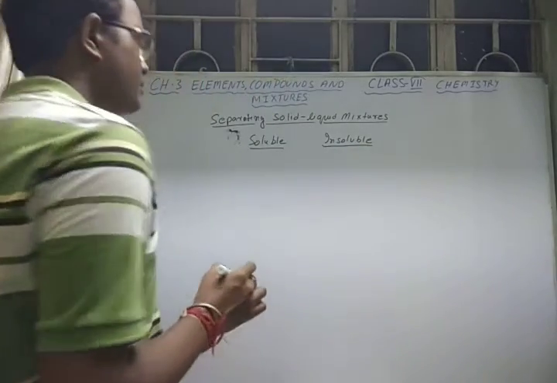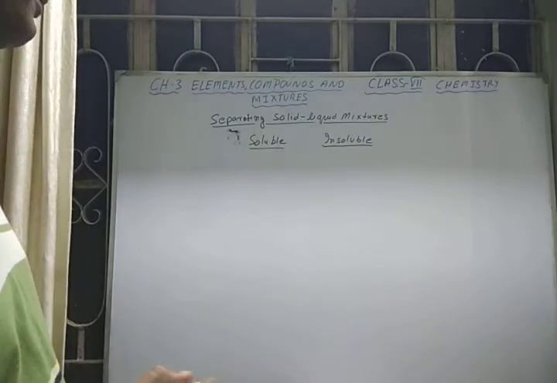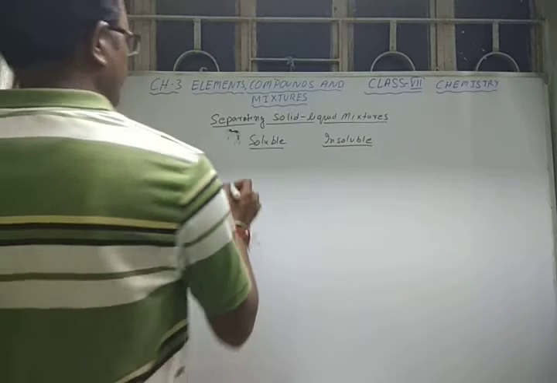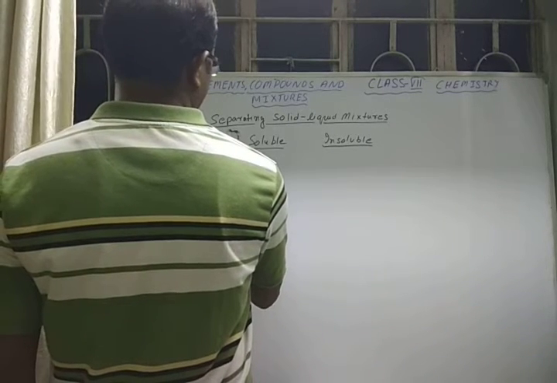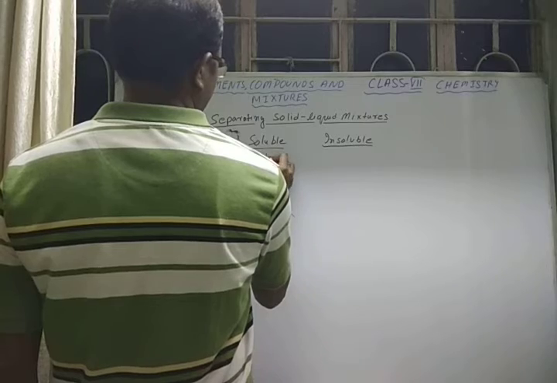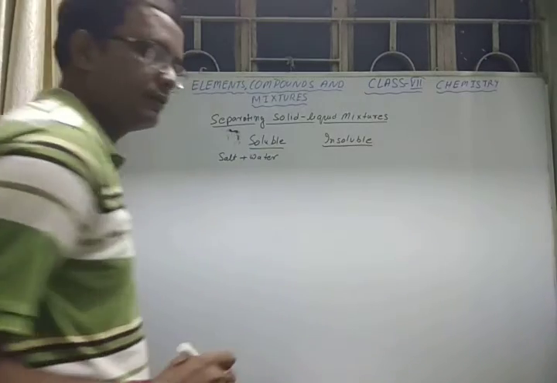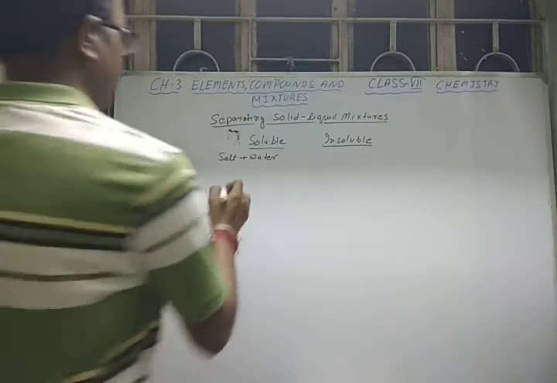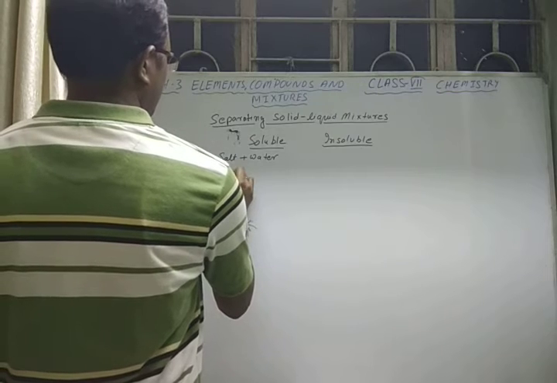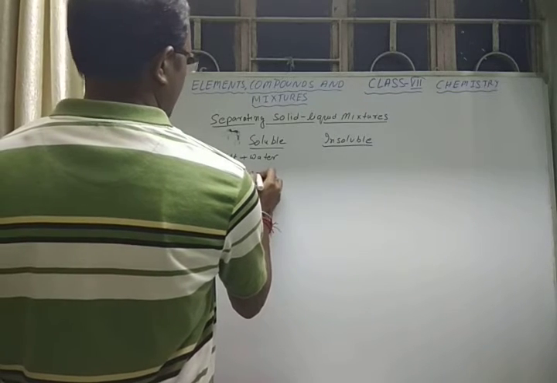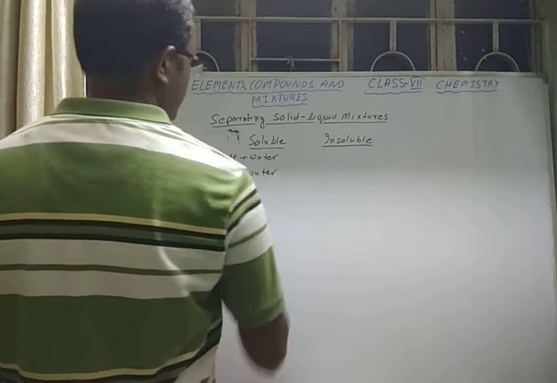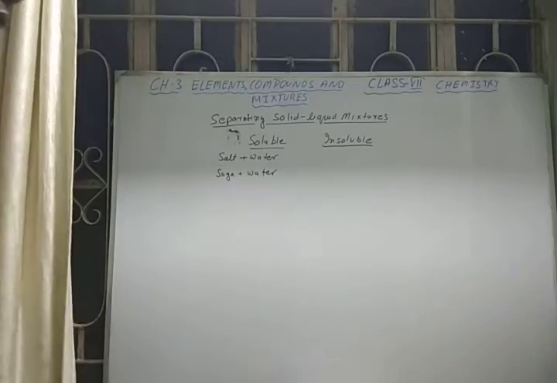If I give you an example of soluble solid liquid mixture, then we can easily say that salt plus water, they are soluble mixture. Then sugar plus water, they are also soluble mixture.